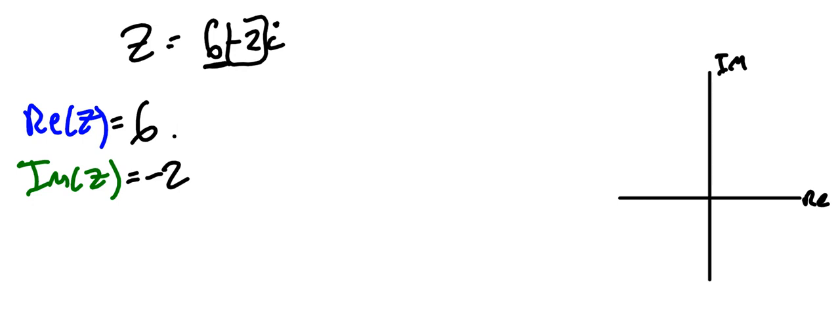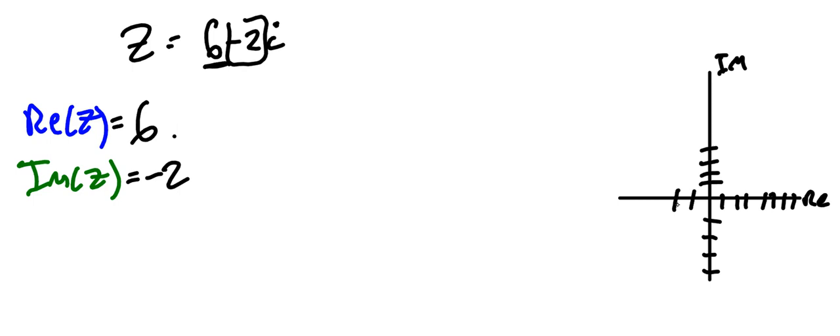So that means when we plot this on a graph, let's say we have this graph.